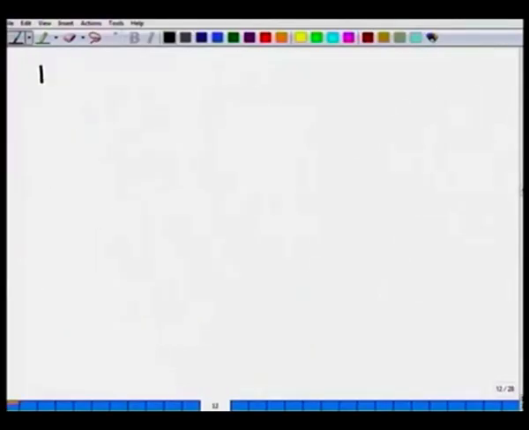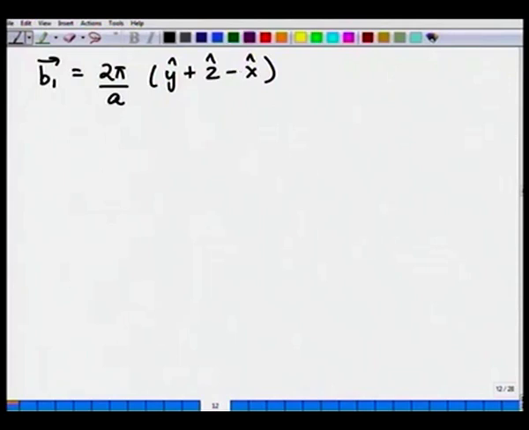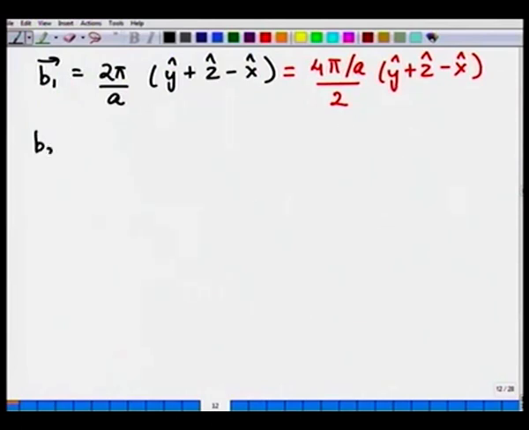So again, if we do the same thing, we find B1 equal to, in this case, 2 pi by a (y plus z minus x), which I will also write as 4 pi by a divided by 2 (y plus z minus x), and you will now clearly see why I am doing this, since we already discussed this.